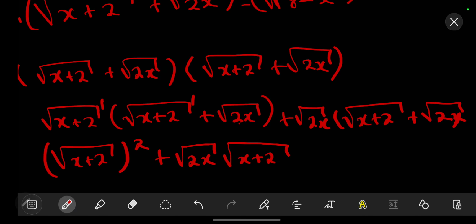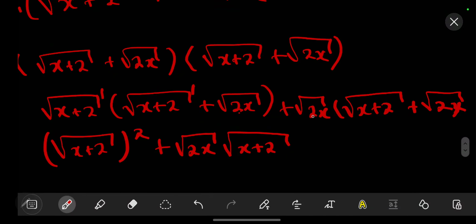So even here we have this times this, we are going to have plus the square root of 2x, times the square root of x plus 2.